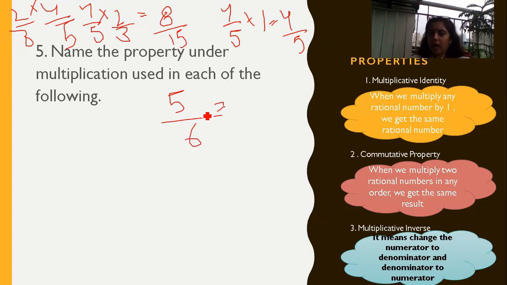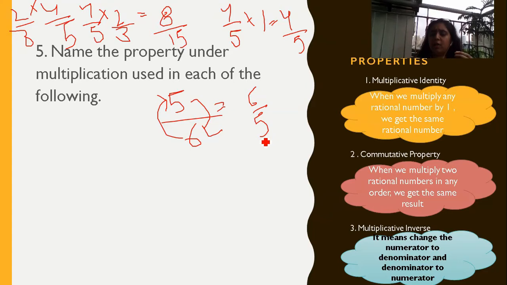To find it, I have to change the numerator into the denominator and the denominator into the numerator. So my answer will be 6 upon 5. So multiplicative inverse means change the numerator to the denominator and the denominator to the numerator. So these 3 properties will be used in this question.